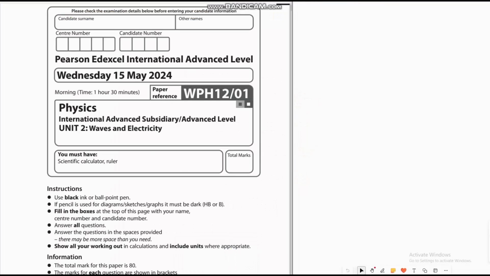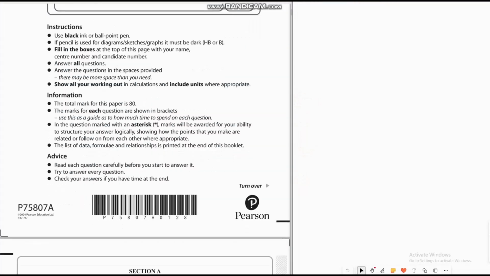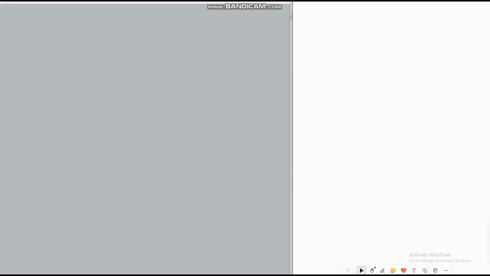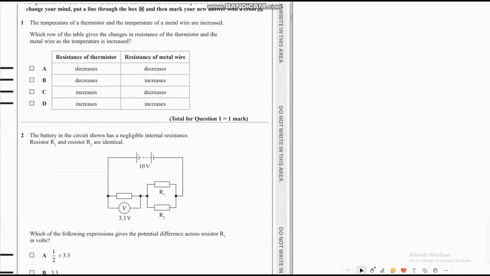Okay, so we'll move on to the MCQ questions first. The temperature of a thermistor and the temperature of a metal wire are increased. Which row of the table gives the changes in resistance of the thermistor and the metal wire as the temperature is increased? You know that when the temperature increases, a conductor's resistance increases and a semiconductor's resistance decreases.